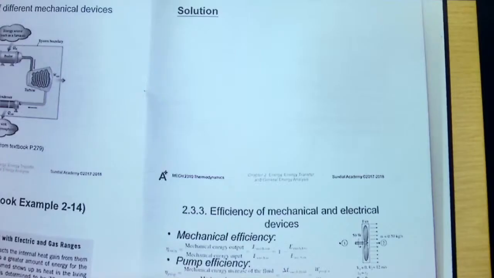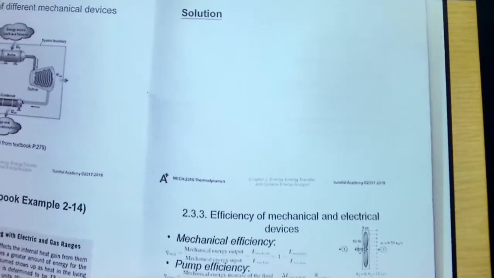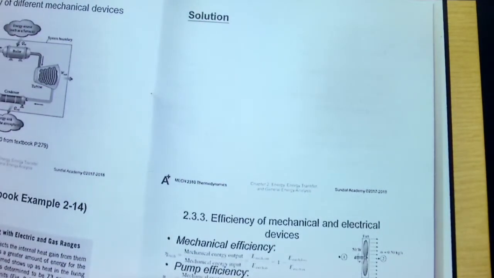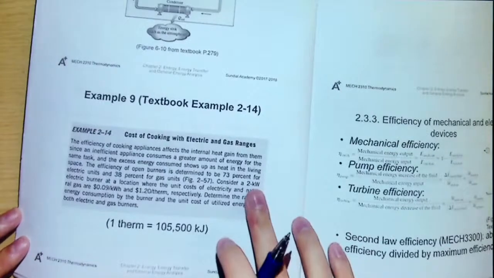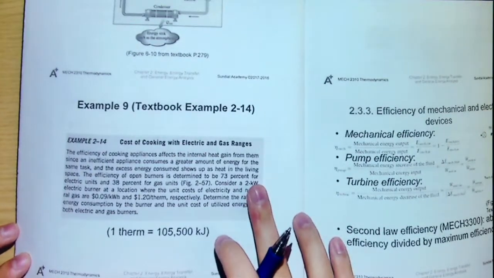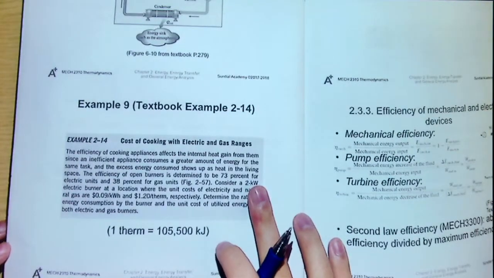So we need to find out the rates of energy consumption. How can we find out? Well, this 2 kilowatts is the energy input required. That means you need to input 2 kilowatts of power for it to operate.